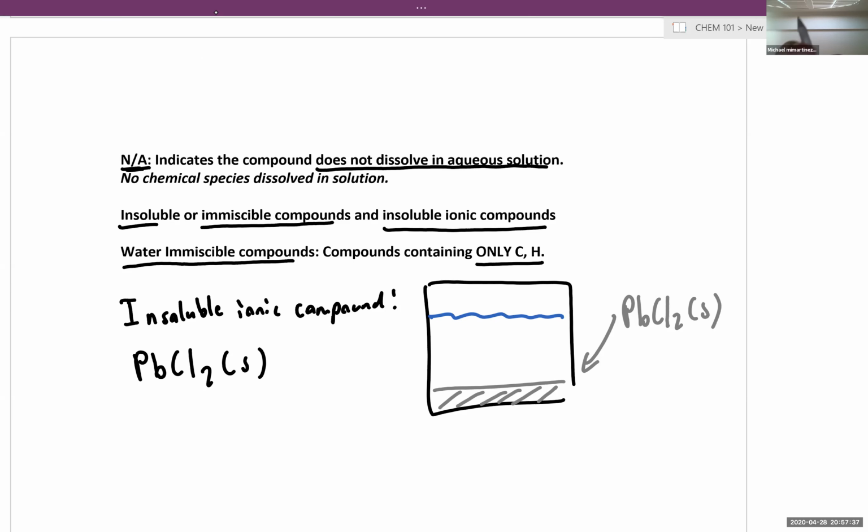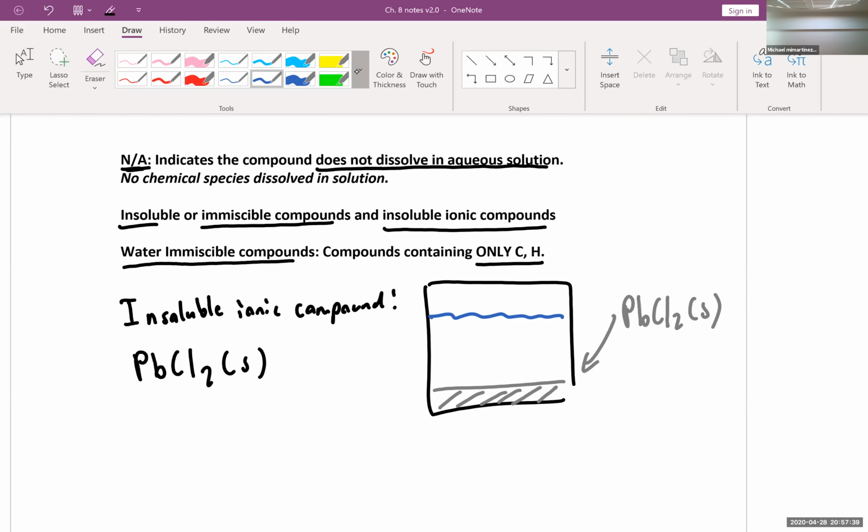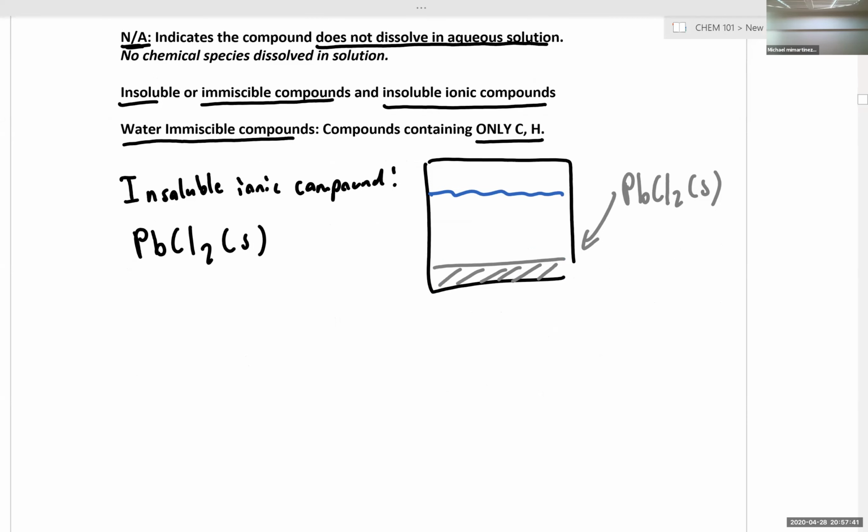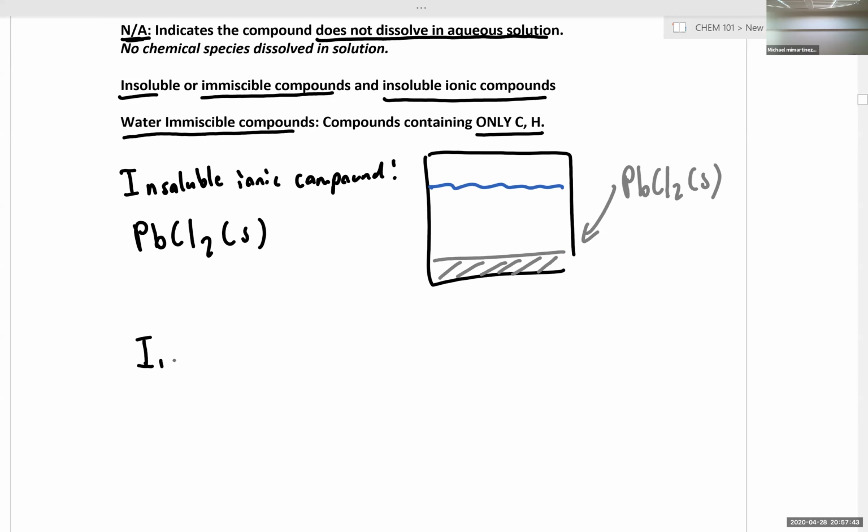So in terms of an example for an immiscible compound, these are hydrocarbons, compounds containing only carbon and hydrogen. An example would be C6H6, which is benzene.